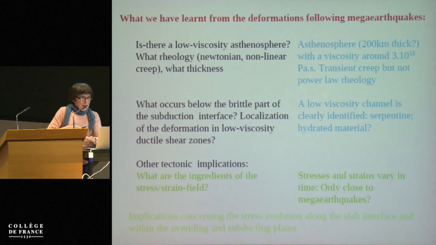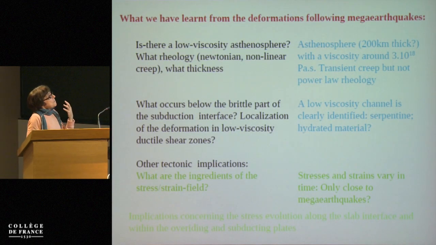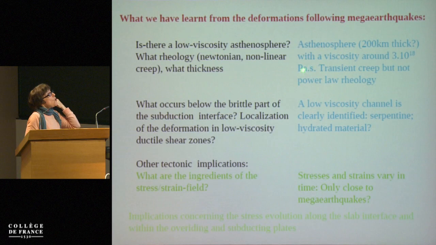And so, this viscosity that we see of the order of a few times 10 to the 18 Pascal second, perhaps this is not a long-term rheology, perhaps it's a transient rheology, the long-term rheology being more of the order of 10 to the 19 Pascal second.